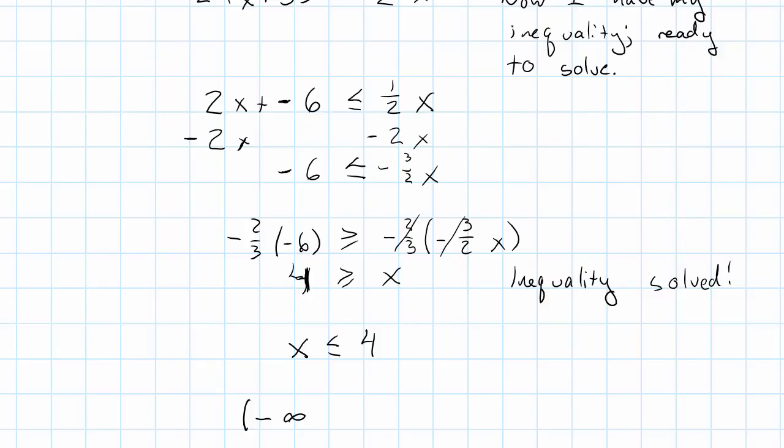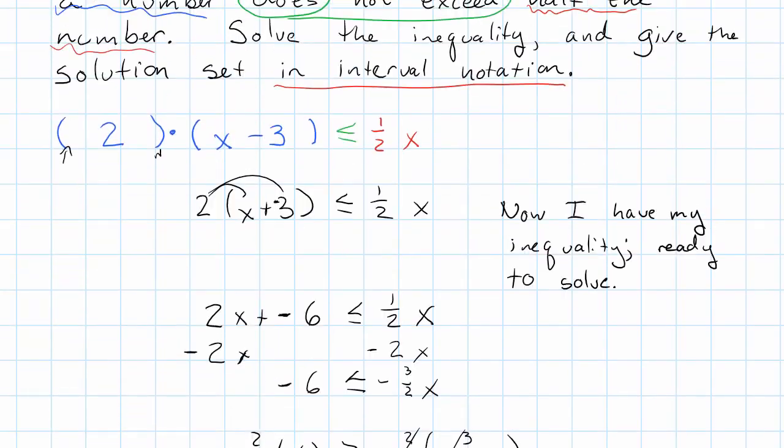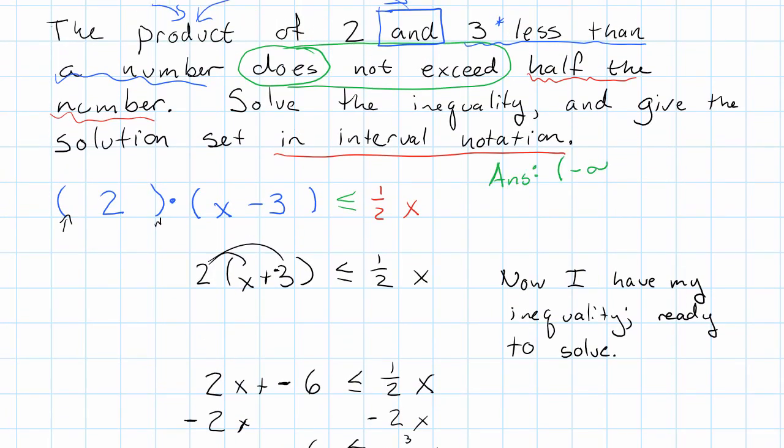What's the largest number that's less than or equal to 4? Well, 4 itself, and 4 is included, so it gets a square bracket. My final answer is negative infinity to 4, where 4 gets a square bracket. Okay.